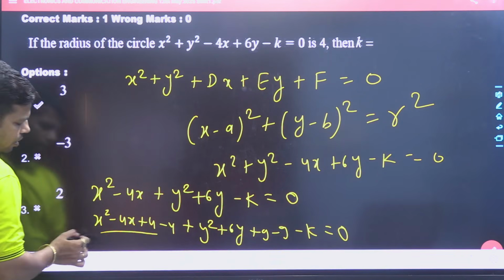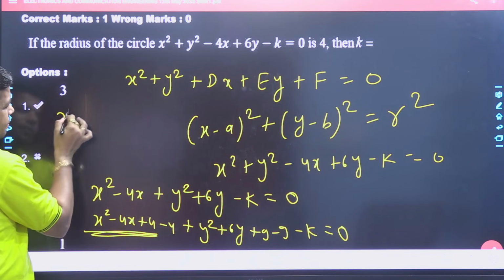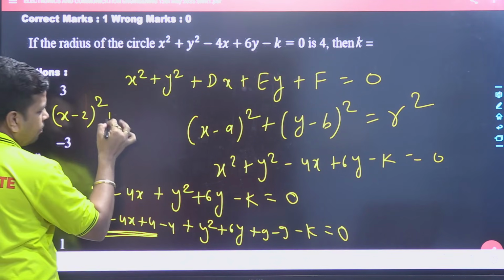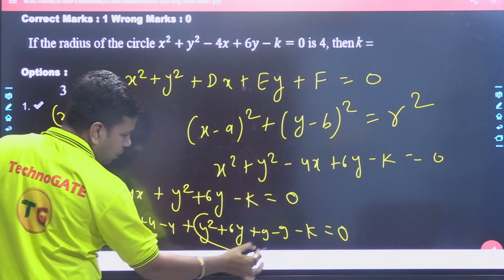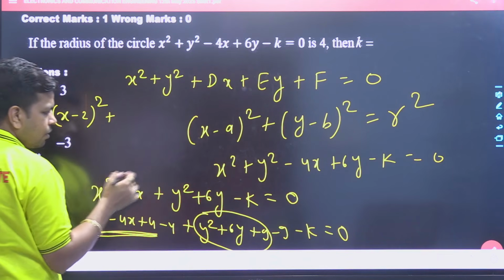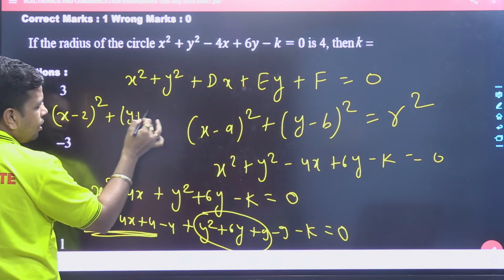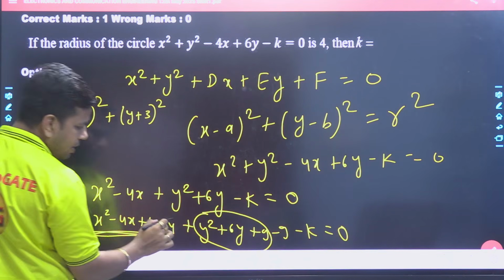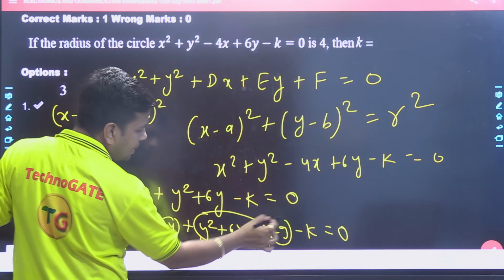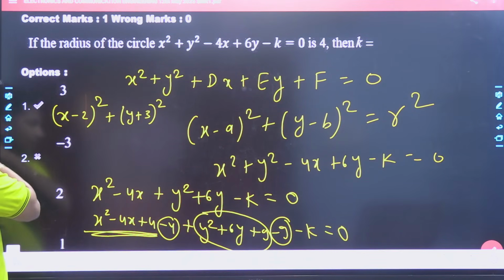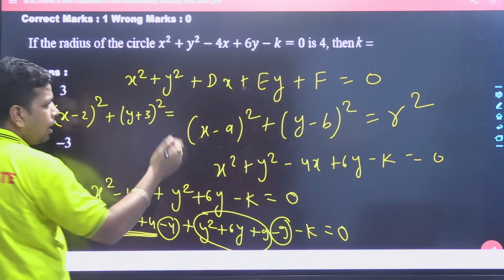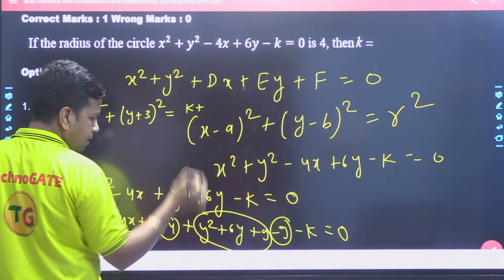So here we can write x minus 2 whole square plus y plus 3 whole square. Now minus 4 and minus 9 become minus 13, and minus k. So we can send that on the right hand side. So this is k plus 13.